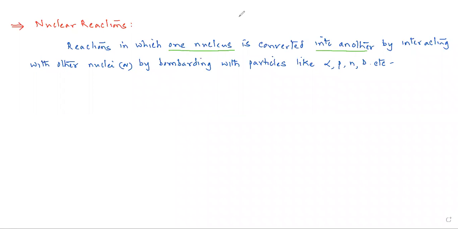Okay. Now coming to the different types of nuclear reaction. The first one is NTR, nuclear transmutation reaction.